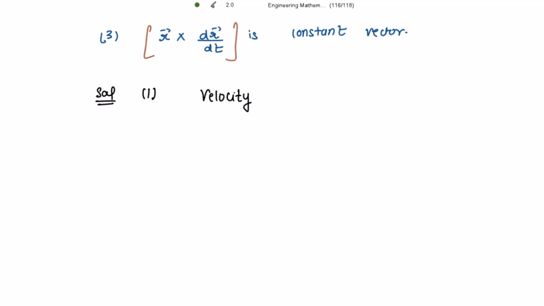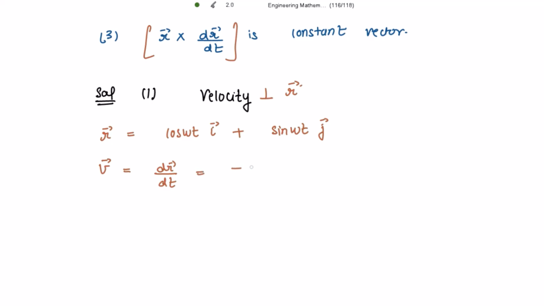So first we need to show that the velocity is perpendicular to the position vector. What is the position vector given to us? It is cos wt i vector plus sin wt j vector. This is your position vector where w is constant. And what is velocity? It is the derivative of the r vector with respect to time.